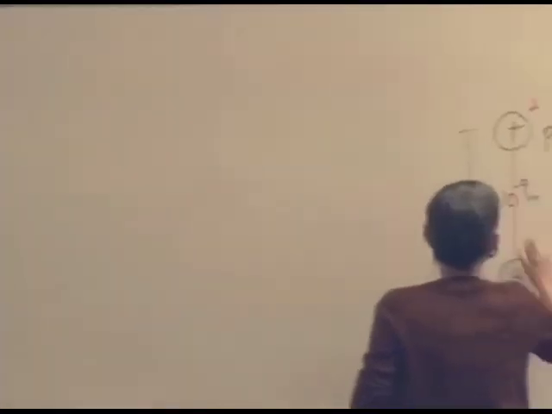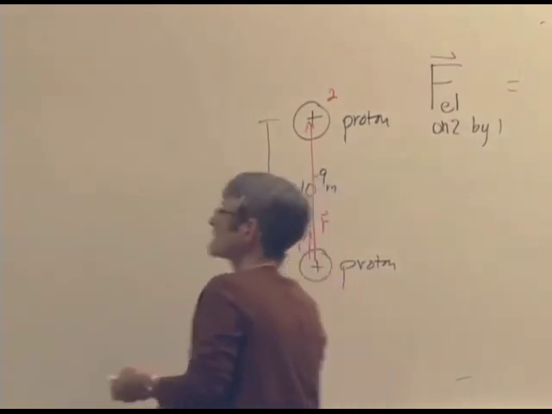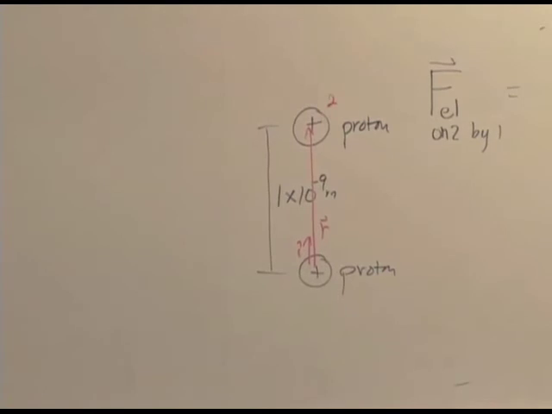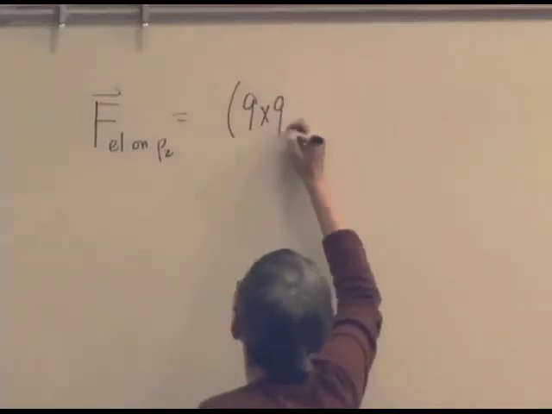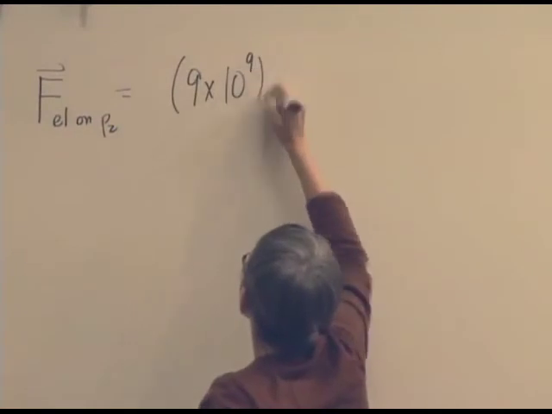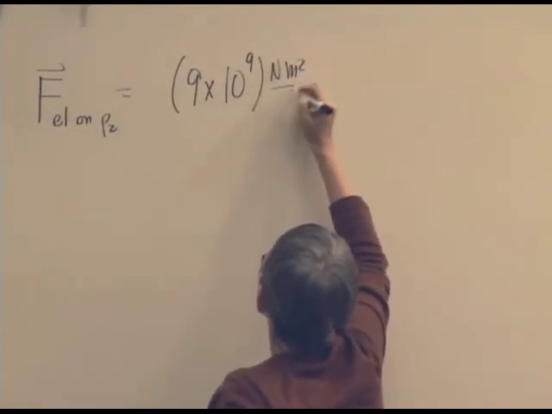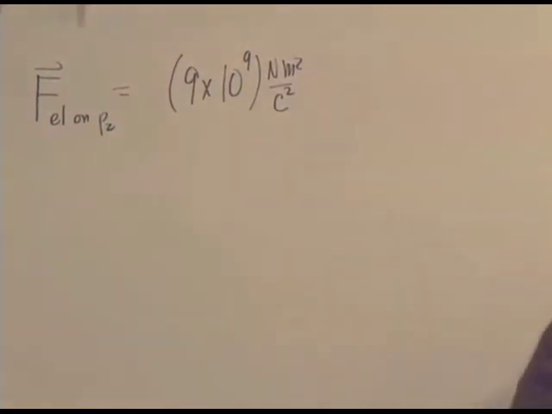We'll call this one 2. So that's going to be the vector r hat. So the electric force on proton 2 is going to be 9 times 10 to the 9th Newton meters squared per Coulomb squared times Q2 times Q1.